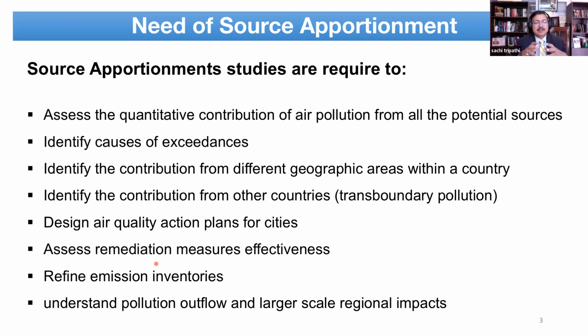And finally, you can also understand the movement of the pollution. Many times we know that during winter, the pollution moves from northwest to southeast, and finally it enters the Bay of Bengal through West Bengal. So this kind of outflow one could also understand by doing well-designed source apportionment studies.